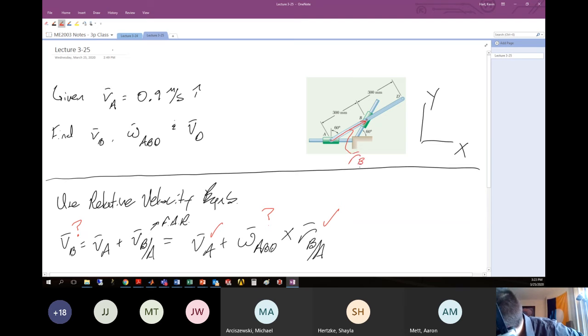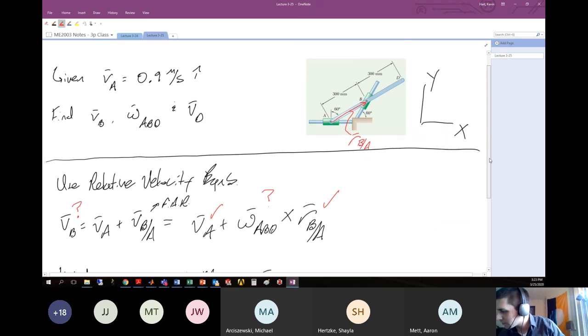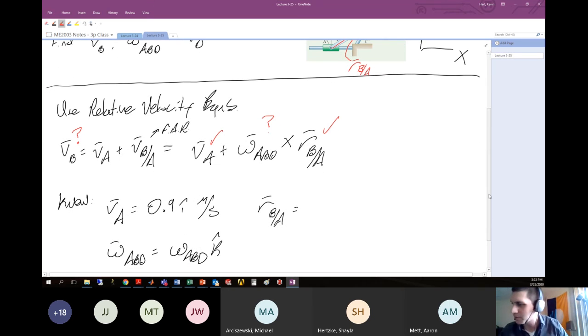We're given some information in the problem about the geometry. The length from A to B is 300 millimeters, and the angle formed between the vertical and the link itself is 60 degrees. So we can use that information to define the position vector that locates B from A.